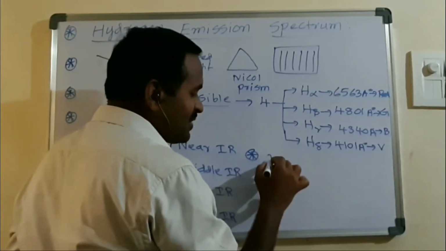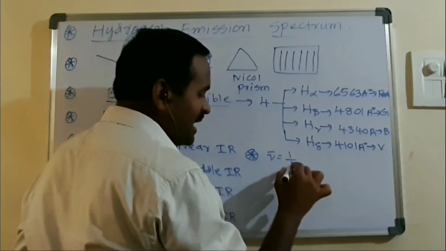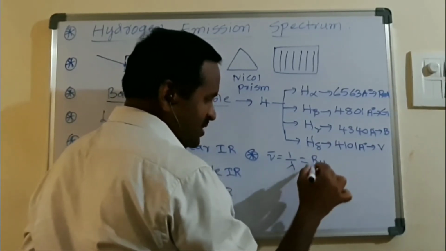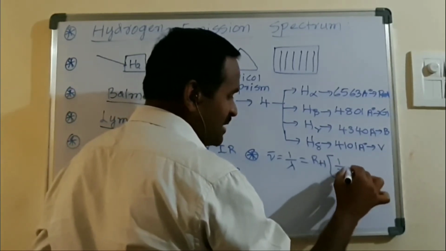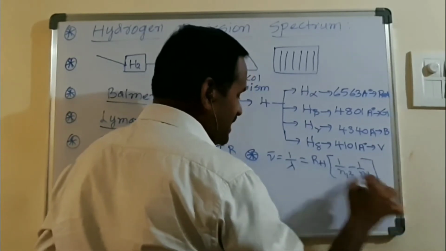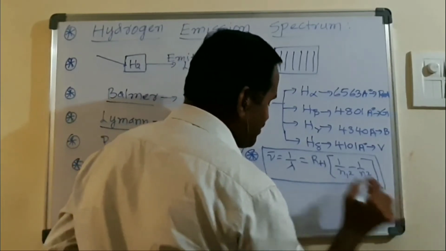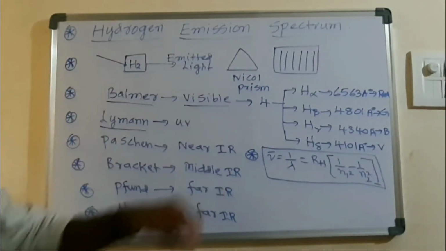That Rydberg equation: the wave number nu bar, which is 1 by lambda, is equal to RH into (1 by n1 square minus 1 by n2 square). This equation helps to find the wave number and wavelength of different spectral lines.